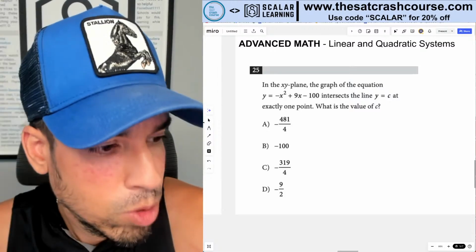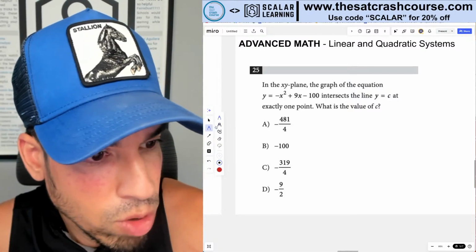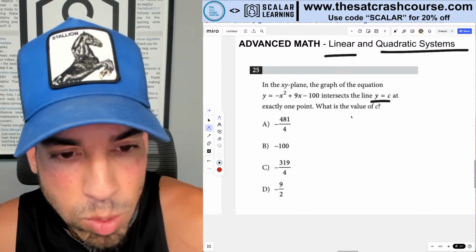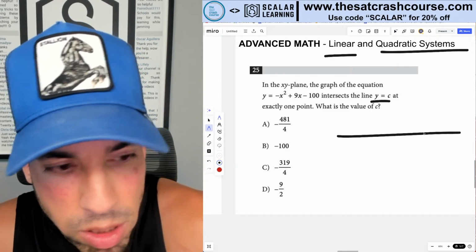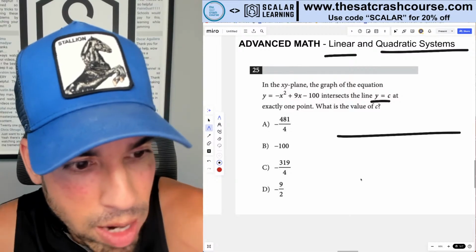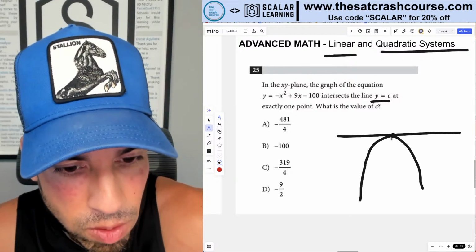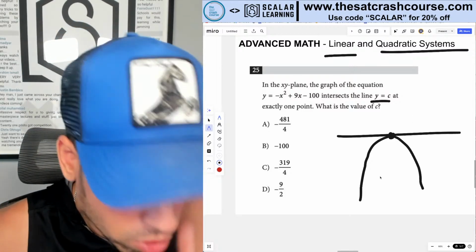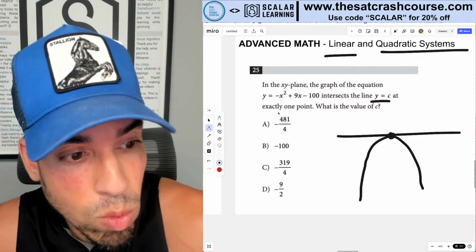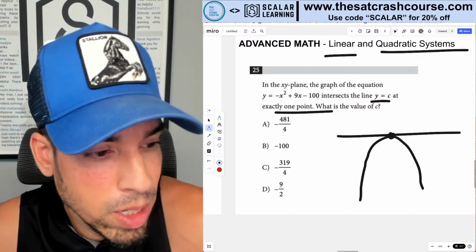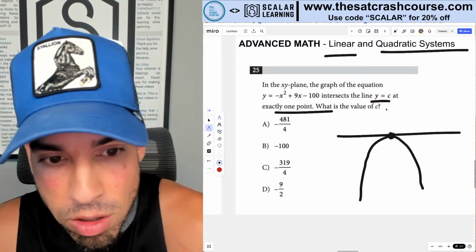All right, number 25. In the xy plane, the graph of the equation intersects the line y equals c. So this is linear and quadratic systems. We're talking about a horizontal line and a quadratic, but they intersect at exactly 1 point. What is the value of c? When we're talking about 1 point, we're talking about the nature of solutions, one solution, which means we might want to think about our discriminant.